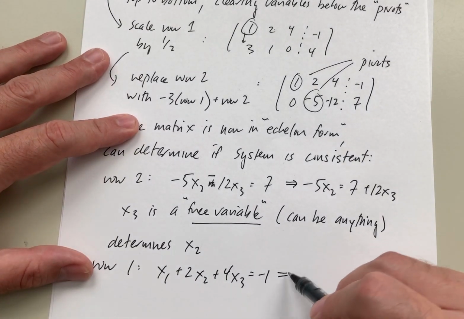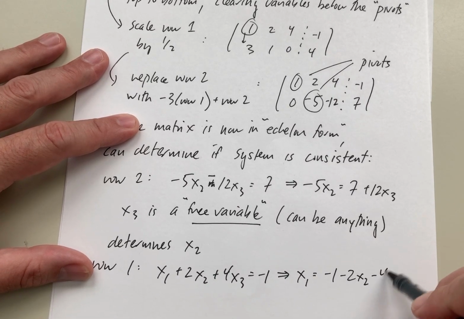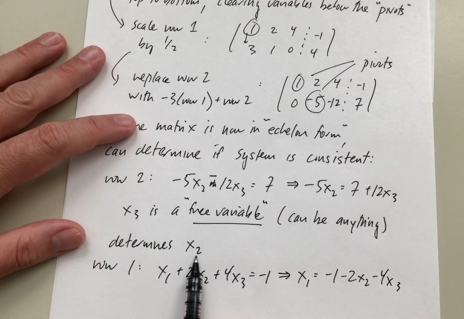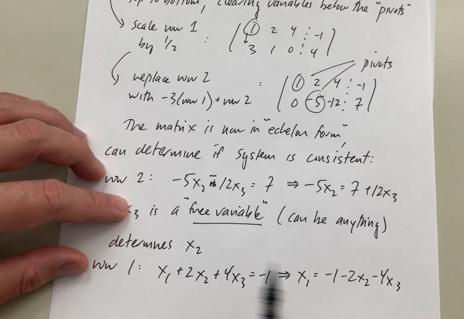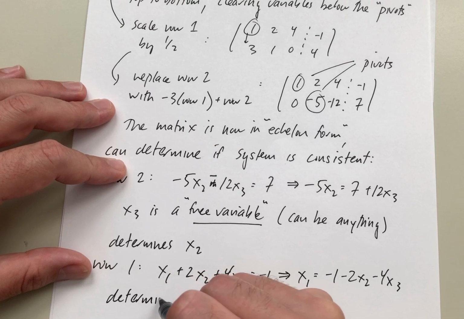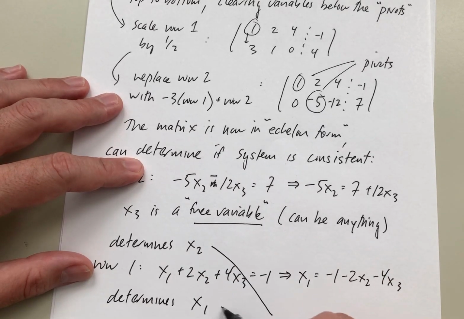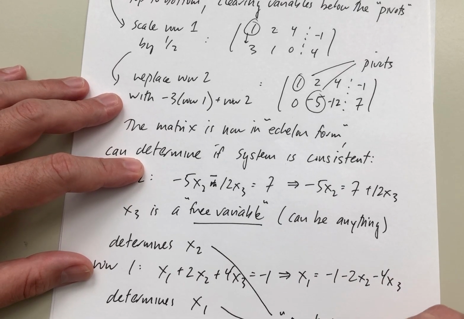So x1 is equal to minus 1 minus 2x2 minus 4x3. So if I know what x2 and x3 are, it forces x1. So this determines x1. And the language that we're going to use is that x1 and x2 are both called pivot variables.